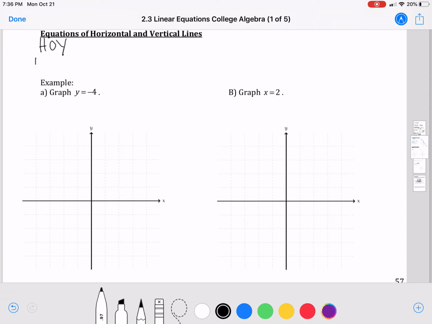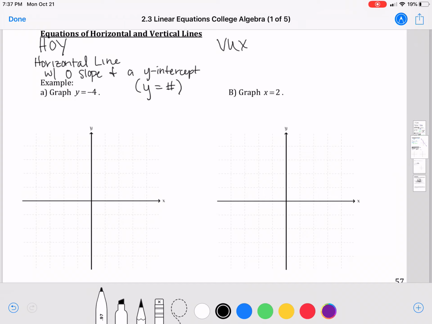That tells us we have a horizontal line with 0 slope and a y-intercept. Okay. Also with that, it tells us that it's a y equals a number equation. Okay. And so there's our HOY.